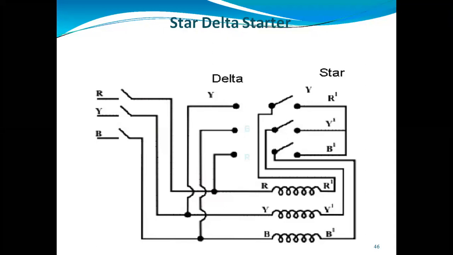But out of all these four starters, we commonly use the star delta starter because it is used for the induction motor, the stator winding of which, if you see, when we are using the three-phase supply to give power to the three-phase induction motor, the standard sequence we are using is red, yellow, blue. That's why when we are using the three-phase, you can see here we are using the R Y B phase sequence.